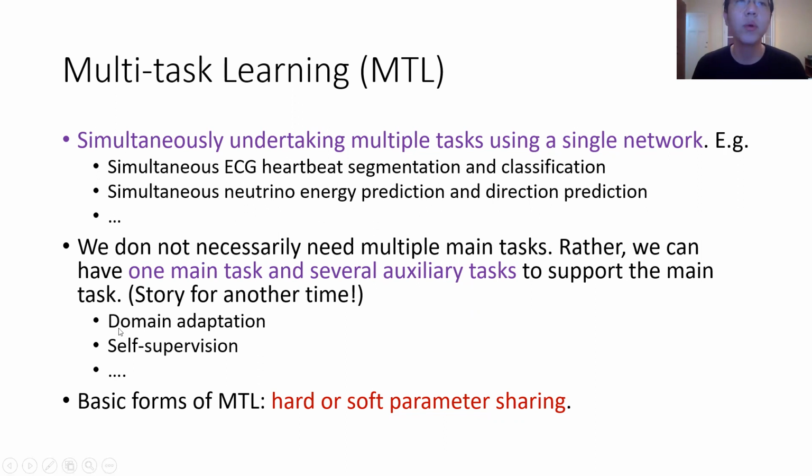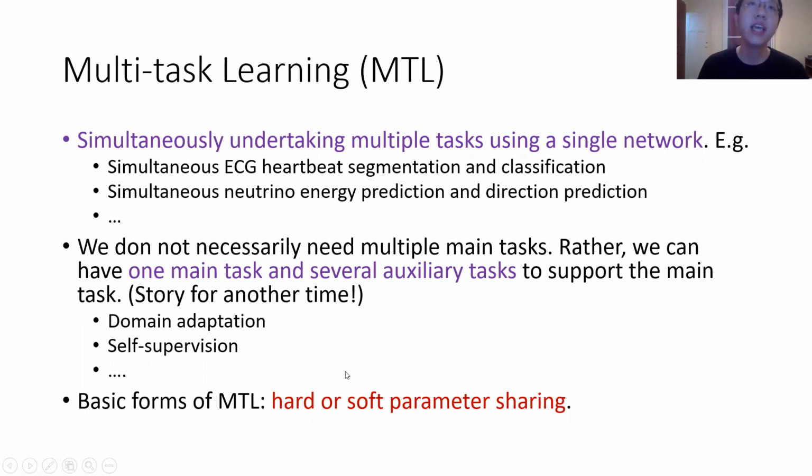For example, we have something called domain adaptation, and something called self-supervision. Both of these auxiliary tasks are really interesting, so we are going to do them in separate seminars in the future. Domain adaptation, I believe, is going to be the next seminar, and self-supervision, if we have time, we are definitely going to do this. So we're not going to expand on them today.